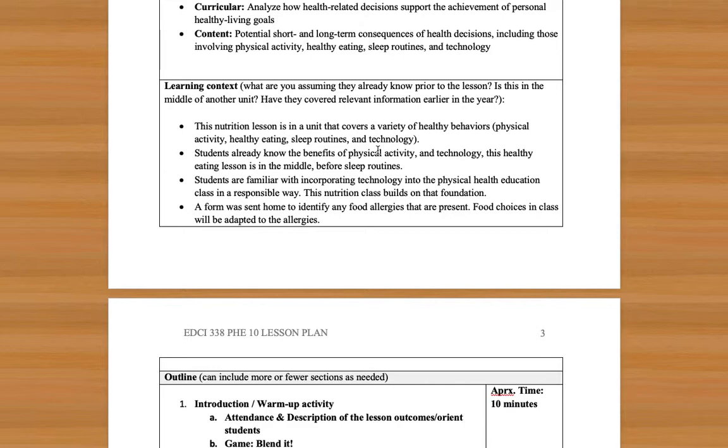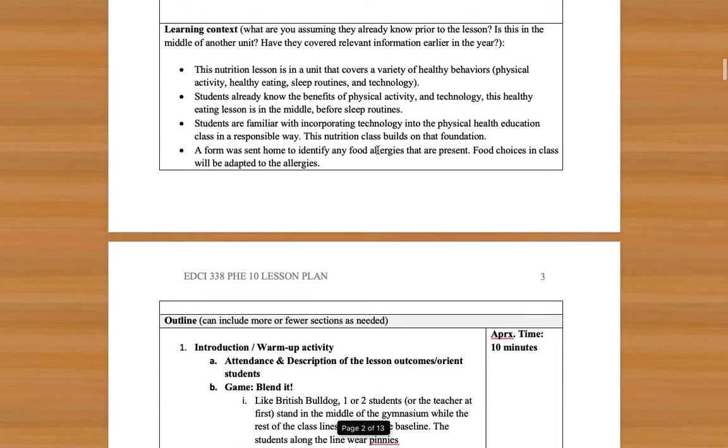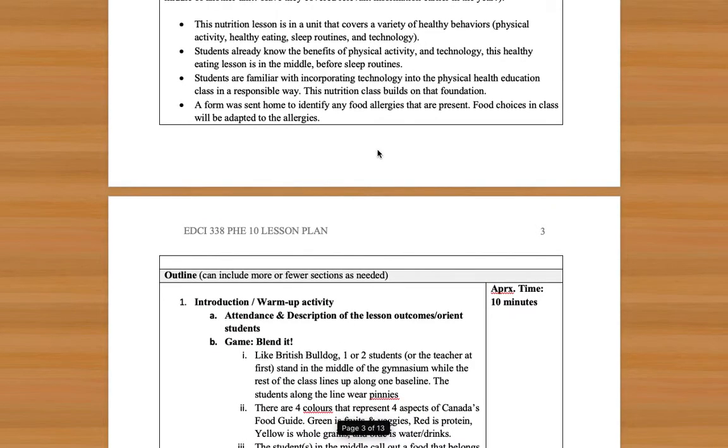So being able to use some of those basic tools, like knowing how to use some of the Google apps and Pinterest and stuff, and I'll get to that in a second. So yeah, they're familiar with incorporating technology. And then as well, I just want to note that a form would have been sent home to identify any food allergies that are present, because there will be some food in this class, specifically fruit and vegetables.